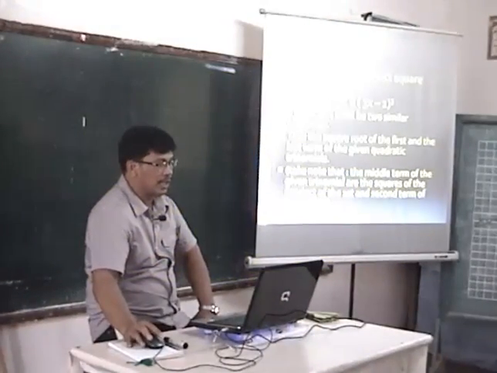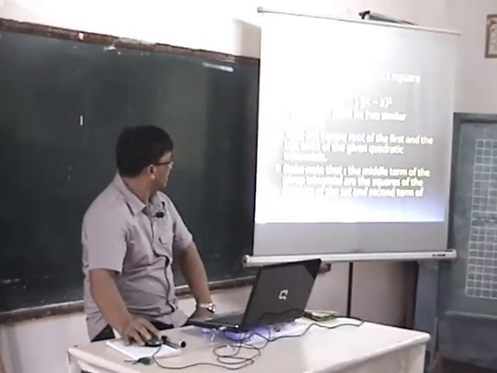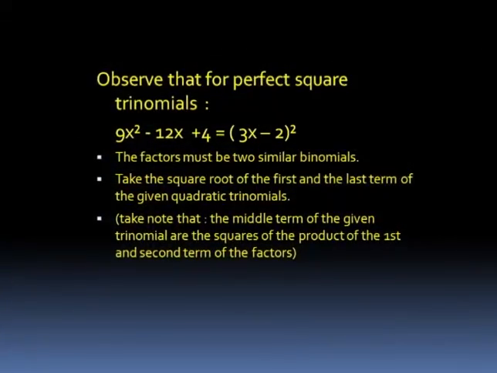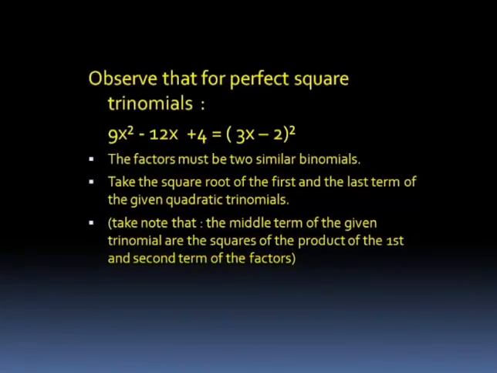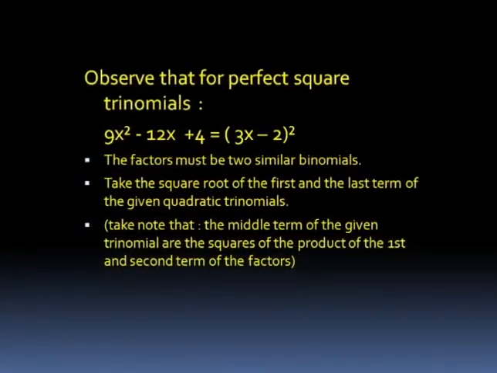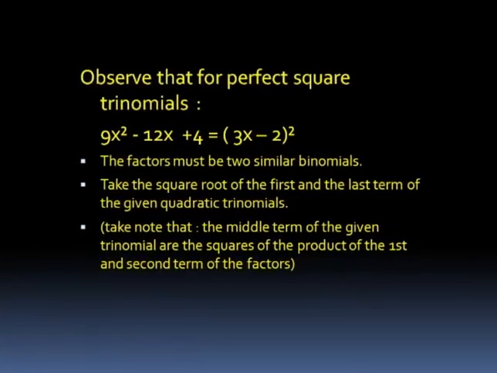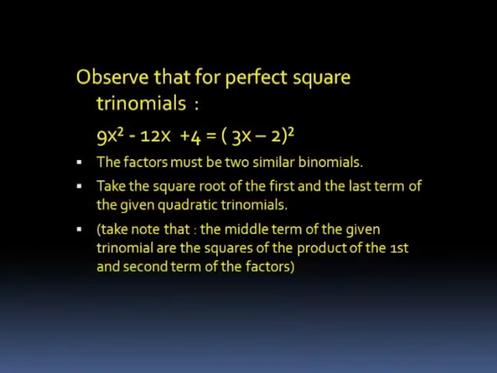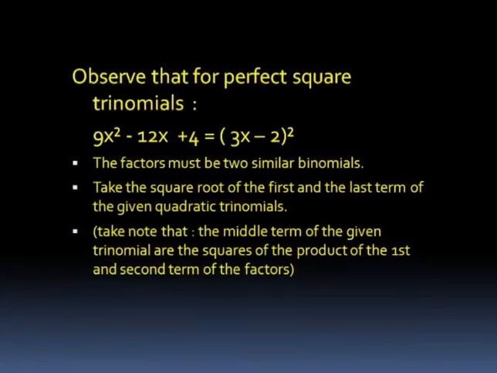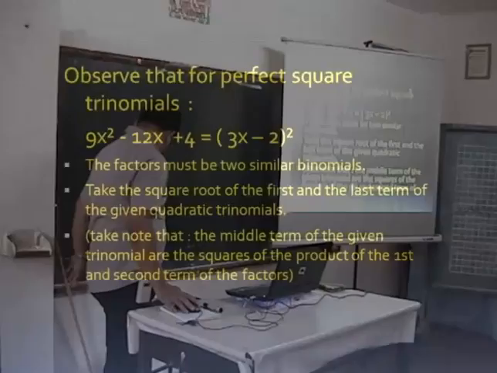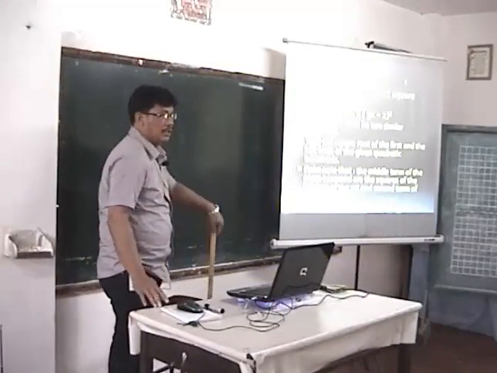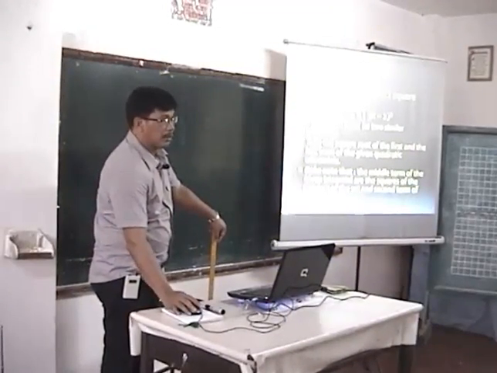And how are you going to get them? Take the square root of the first and the last term of the given quadratic trinomial. And please take note that the middle term of the given trinomial is twice the product of the first and the second term. That should be the most important thing for you, class, to remember.